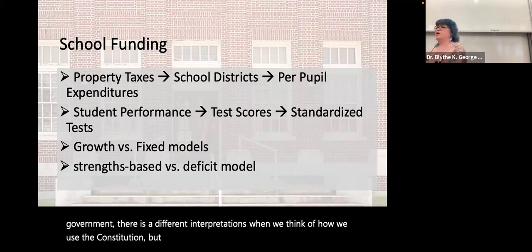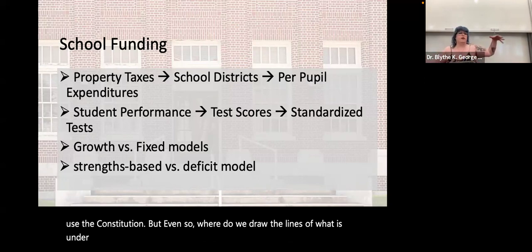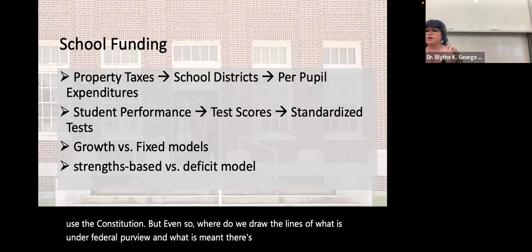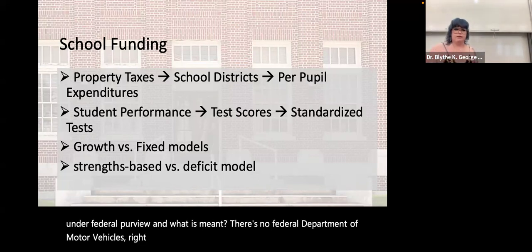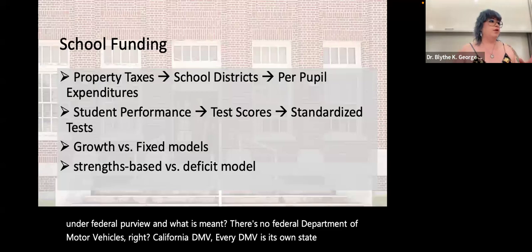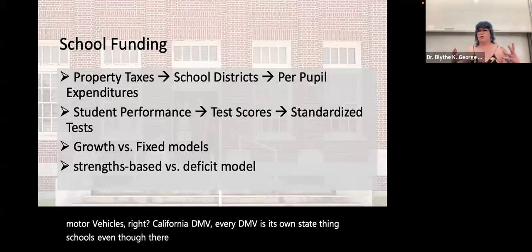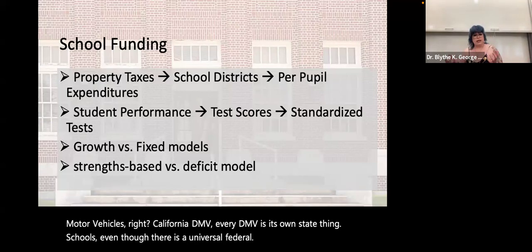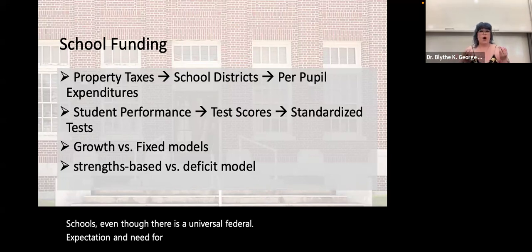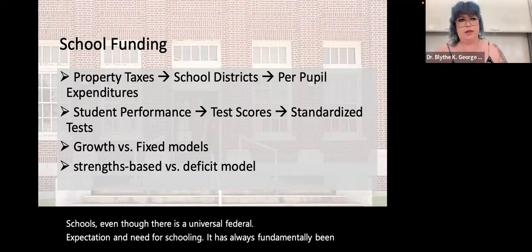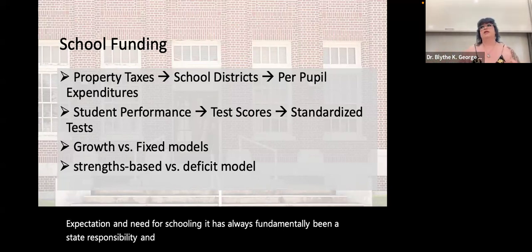But even so, where do we draw the lines of what is under federal purview? There's no federal Department of Motor Vehicles, right? Every DMV is its own state thing. Schools, even though there is a universal federal expectation and need for schooling, have always fundamentally been a state responsibility and a local initiative.